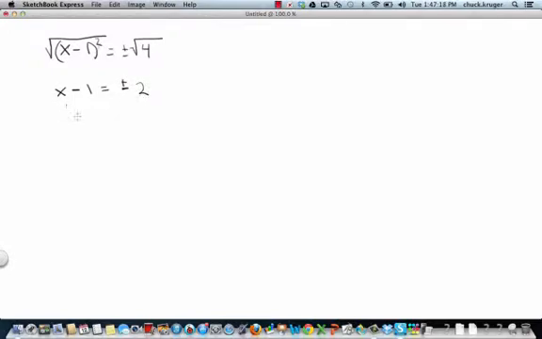Now I want to figure out my solution, so I'm going to add 1 to both sides. That gives 1 plus or minus 2, which really means two things are going on: 1 plus 2, which is 3, and 1 minus 2, which is negative 1. If you remember, my problem was x minus 1 squared equals 4.